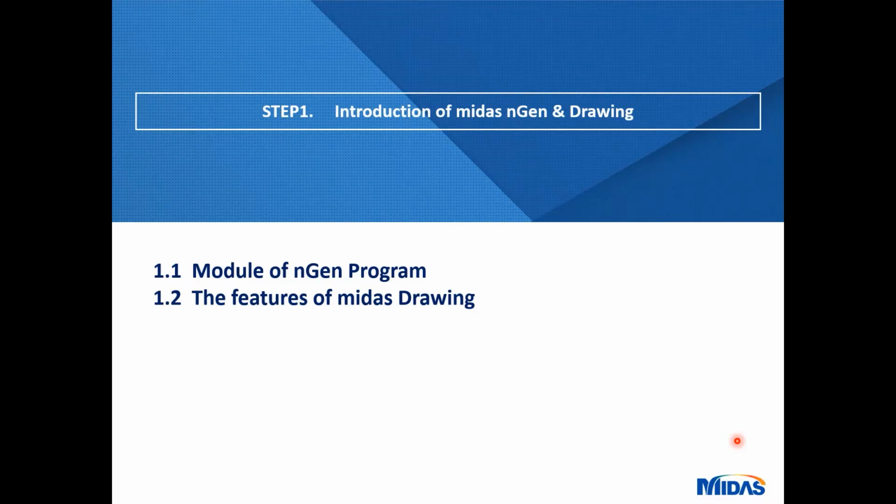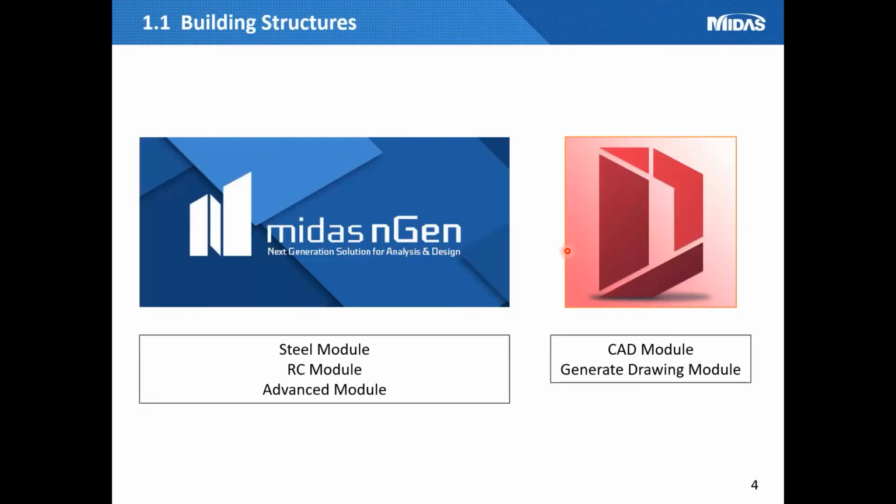In Chapter 1, I will briefly explain the composition and the key features of the nGen programs. There are two configurations of the nGen program, which are nGen and drawing. The first, nGen, can perform structure analysis and design.